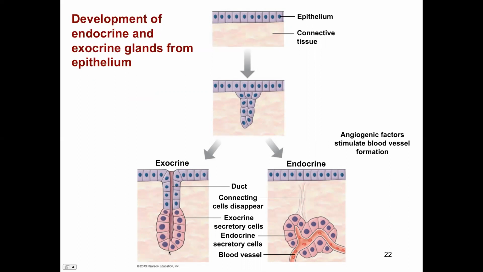If they form a structure with a duct, it's an exocrine gland, and it's going to go onto the surface. But the endocrine gland will lose its connection to the epithelium. The cells here will start releasing factors that will bring in a blood supply, right? This is called angiogenesis. And then they'll put their secretions into the bloodstream.